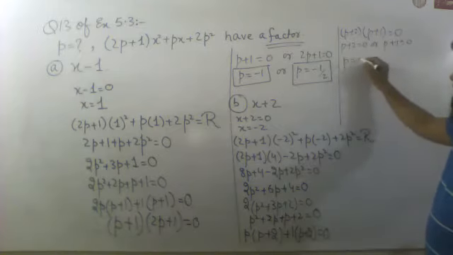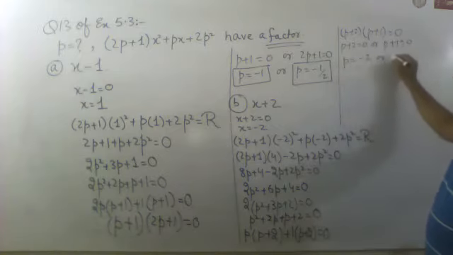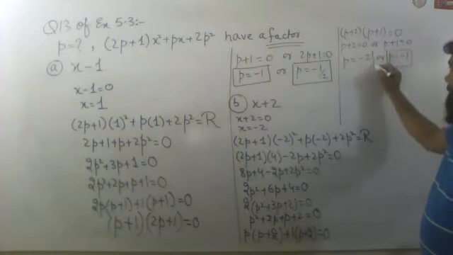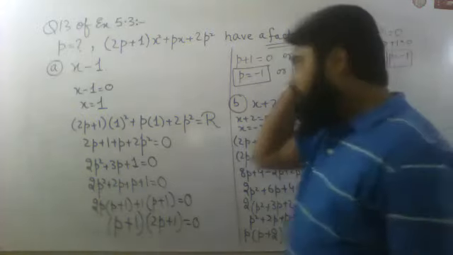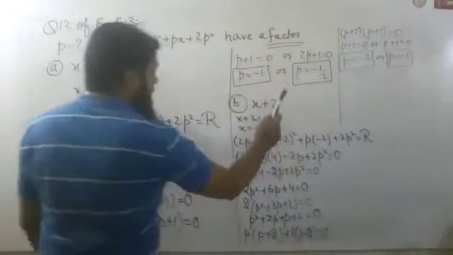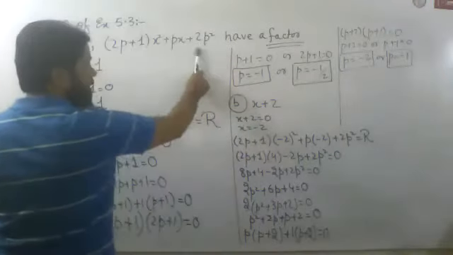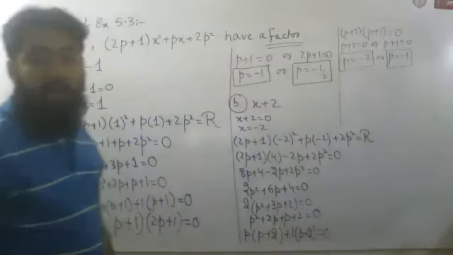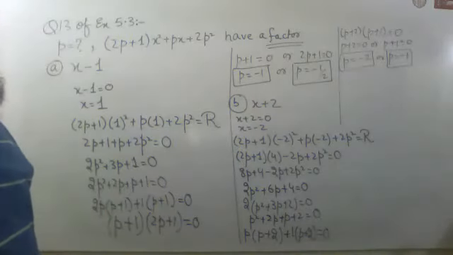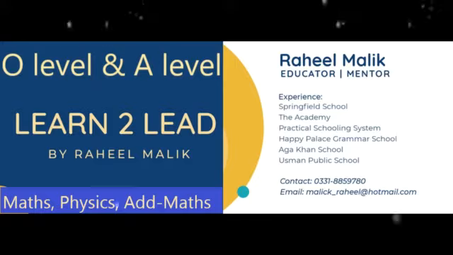So value of p is coming -2 or value of p will be coming -1. This is going to be your answer for this part, that when x plus 2 is a factor of this one, the value of p should be -2 and the value of p should be -1.